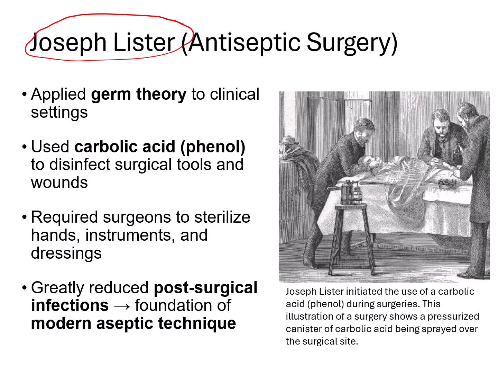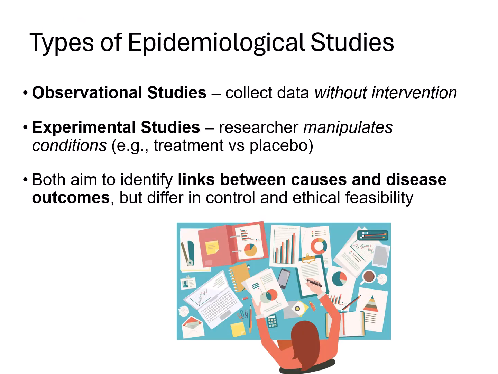This is also known as phenol, and this was an early antiseptic technique. After implementing these protocols, post-surgical infections dropped dramatically, and today modern aseptic technique in hospitals is really built on Lister's work.